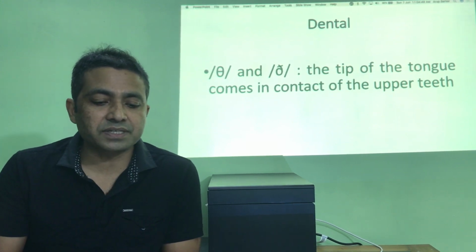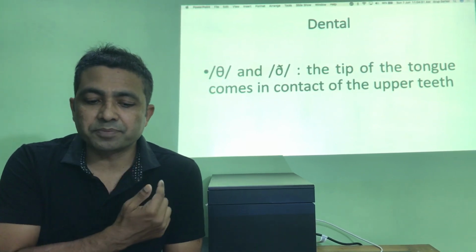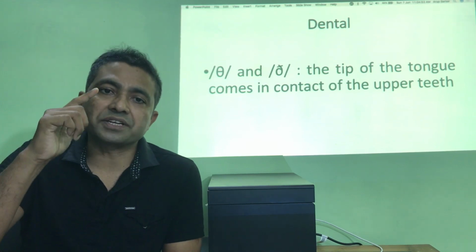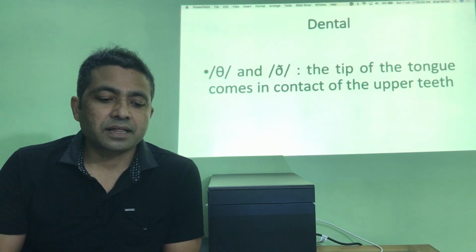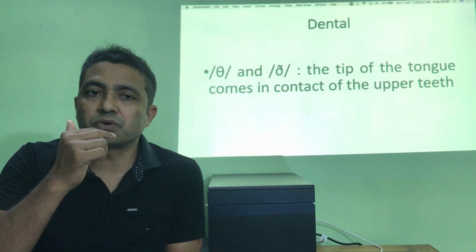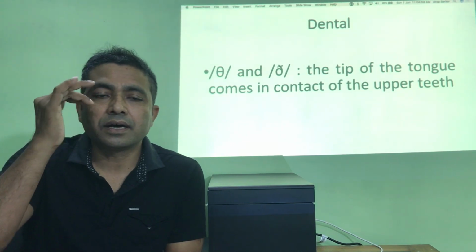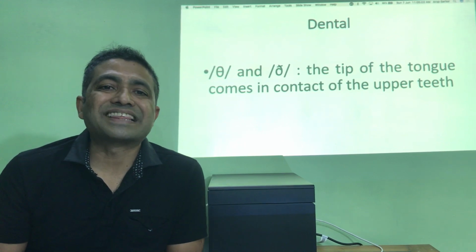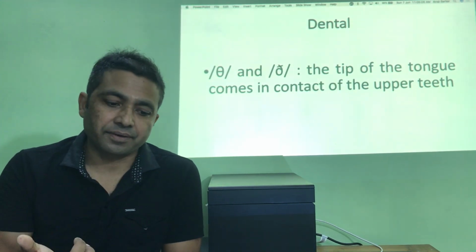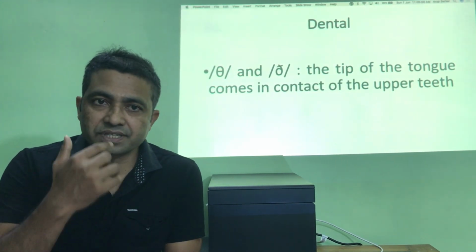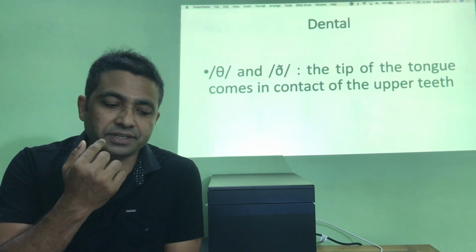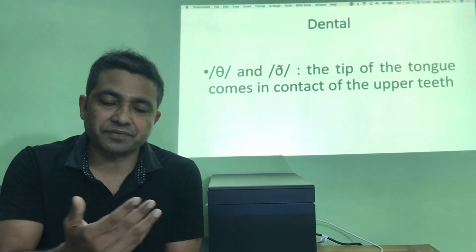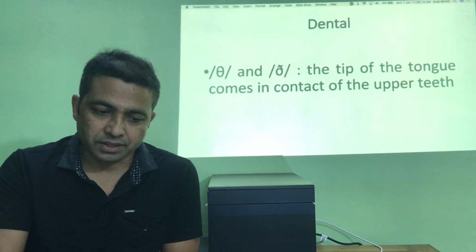During the production of these sounds, the tip of the tongue goes to contact against the upper teeth. Since the upper teeth play the vital role here, they are named after the teeth, dental consonant sounds.